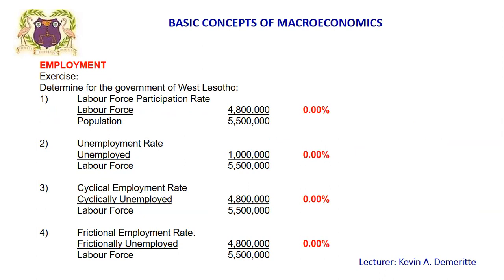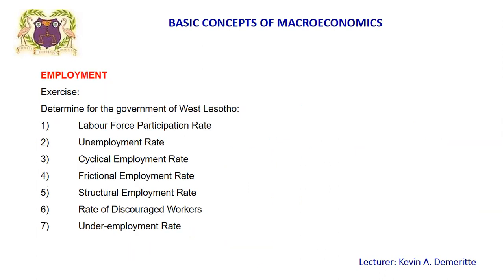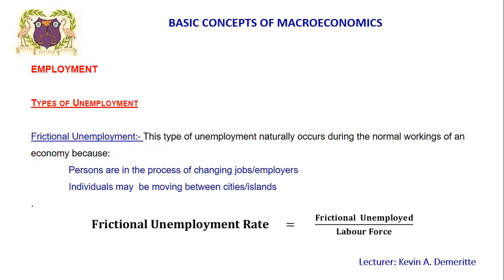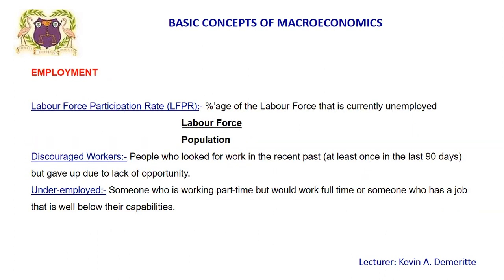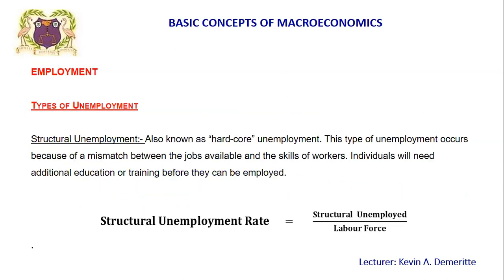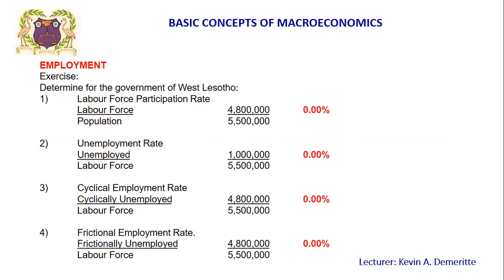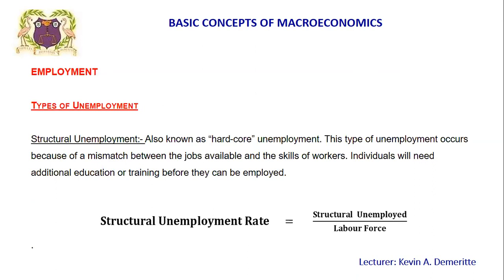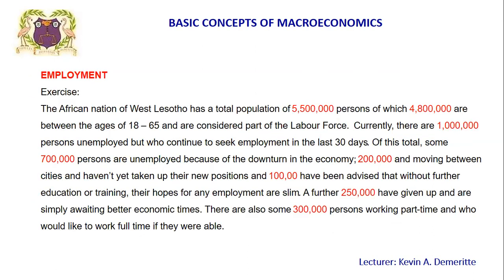So we're going to start off with the first question, labor force participation rate. If we go back, labor force participation rate is labor force divided by the population. What's our labor force? Our labor force is persons between 18 and 65, and according to our scenario, that is 4.8 million.